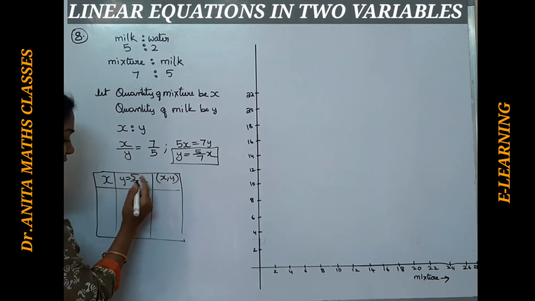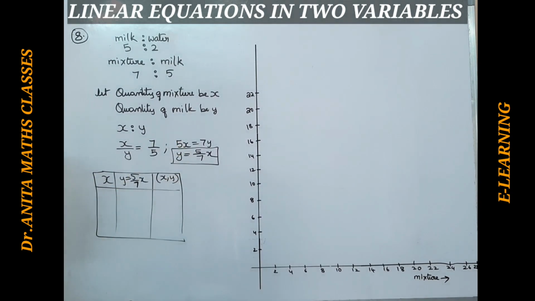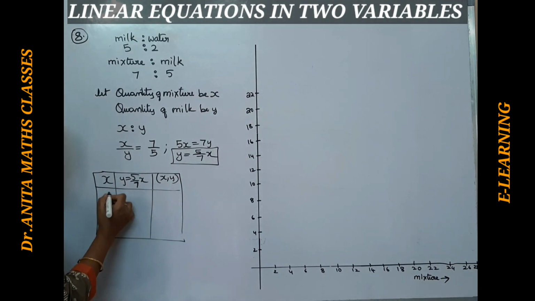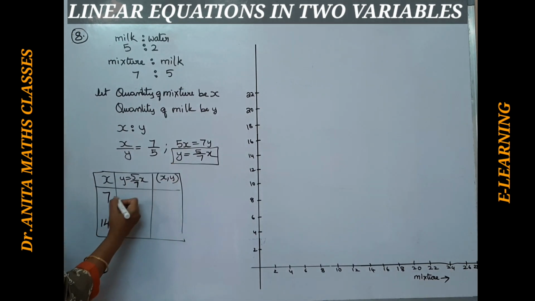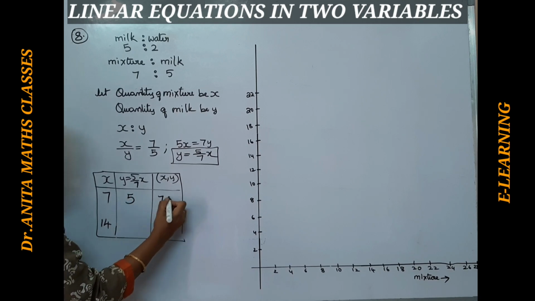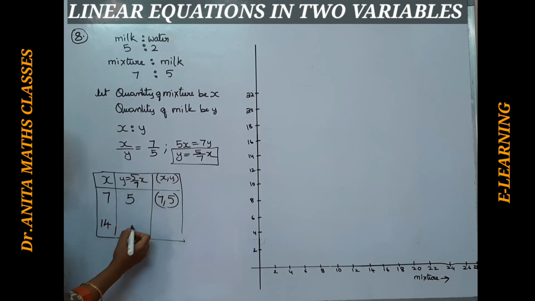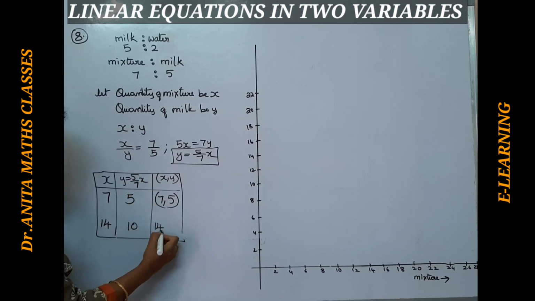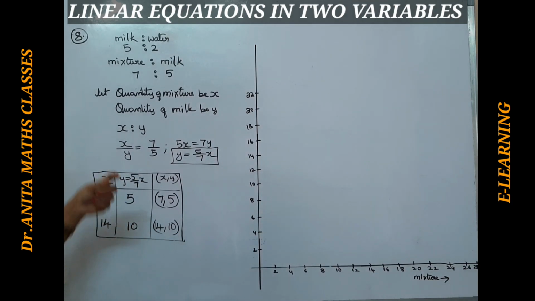Here the denominator is 7, so if x is a multiple of 7 it will be easy for us, so that it will be cancelled off. Let me take x as 7 first, then x as 14. If I substitute 7, the 7 goes off, y becomes 5, so 7 comma 5. Now if I take 14, 7 ones are 7, 7 twos are 14, so 5 twos are 10. So 14 comma 10.